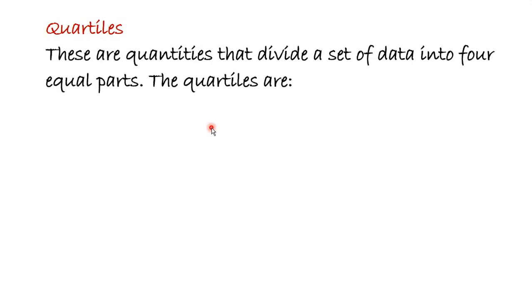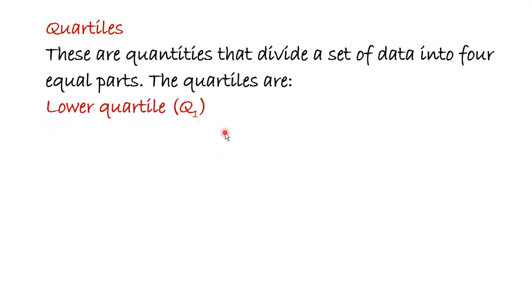Let's also look at what we call quartiles, because in our next lesson we are going to be using these terms. So I want to see it in this lesson so that in the next lesson we can easily use them. When we talk of quartiles, these are quantities that divide a set of data into 4 equal parts. We have the lower quartile, abbreviated as Q1.